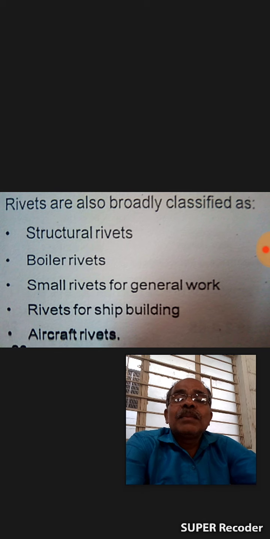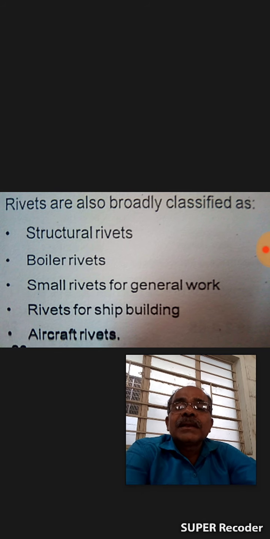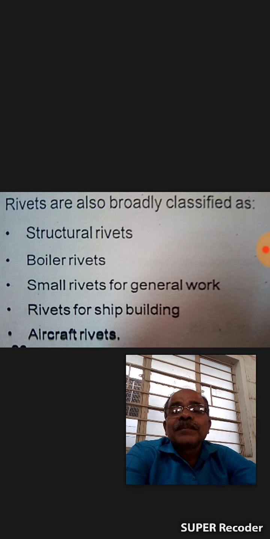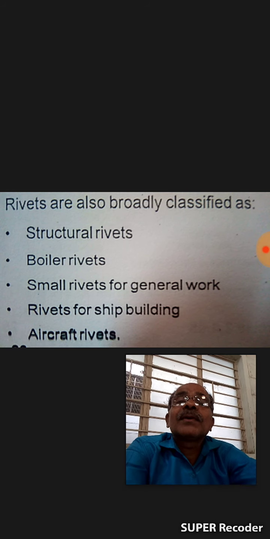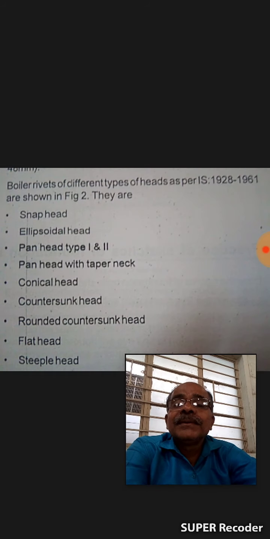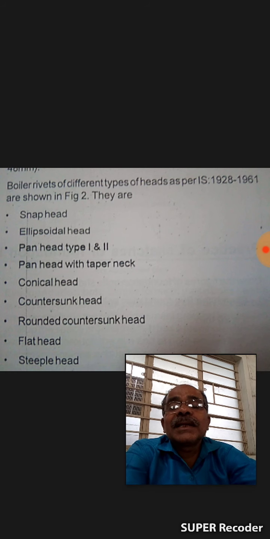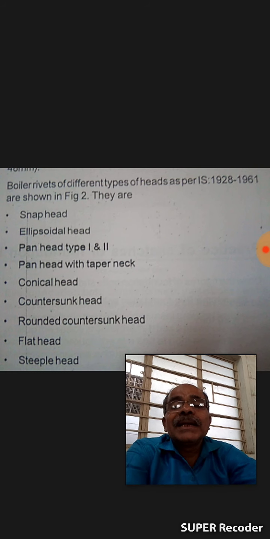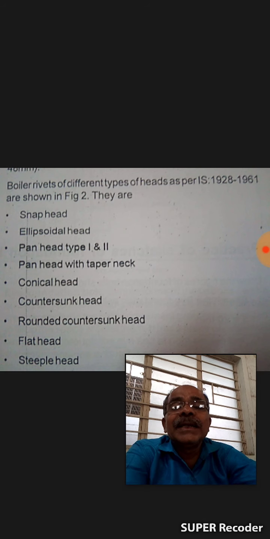Rivets are also broadly classified as structural rivets, boiler rivets, small rivets for general work, rivets for shipbuilding, and rivets for aircraft. And also, the boiler rivets are generally used as per Indian Standard 1928 to 1961.